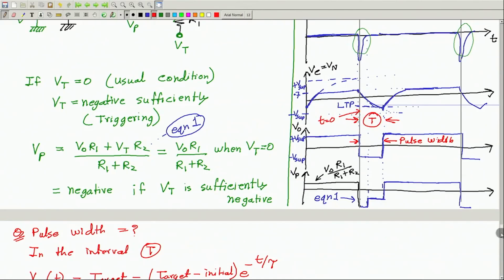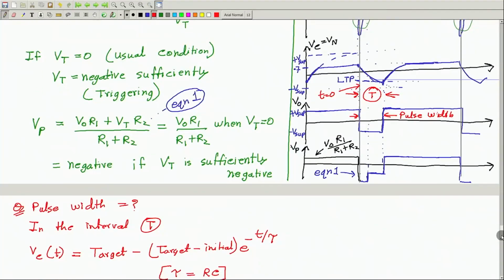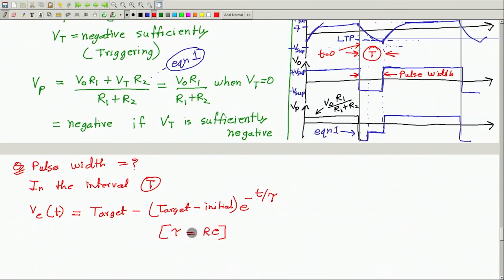And here you see, since this voltage throughout is below 0.7 volt, that means this diode will remain off. So, this branch is practically non-existing. So, only this R C is the time constant. Now, what is the target voltage? Target voltage is LTP. No, target voltage is not LTP, target voltage is minus V supply. It was trying to go to minus V supply.